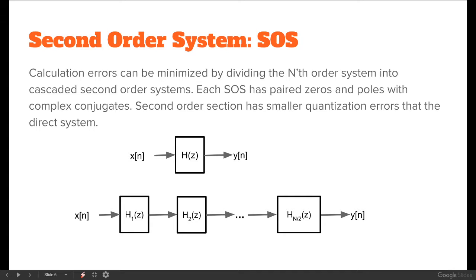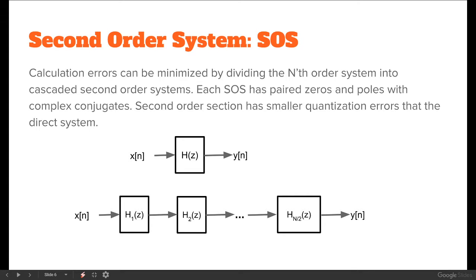We have this flat passband done with these poles here, and then the stop band attenuation done by these zeros.